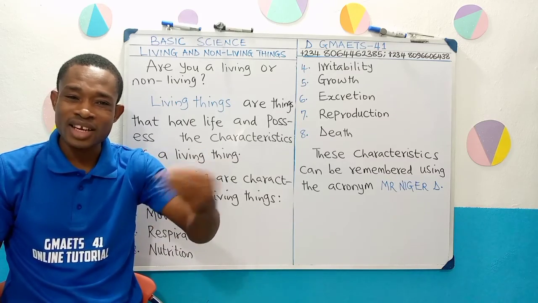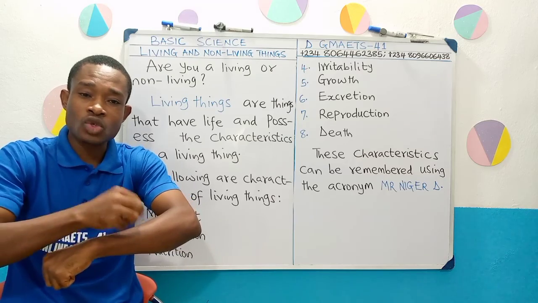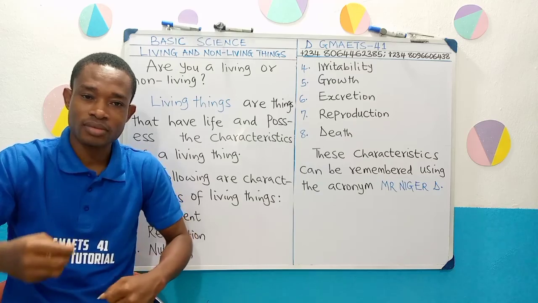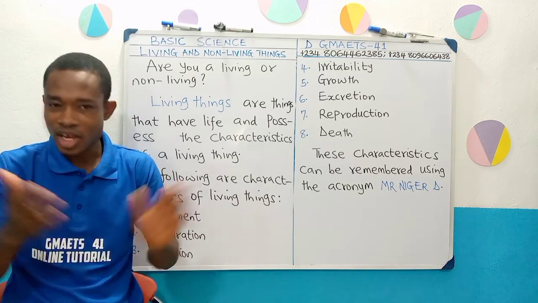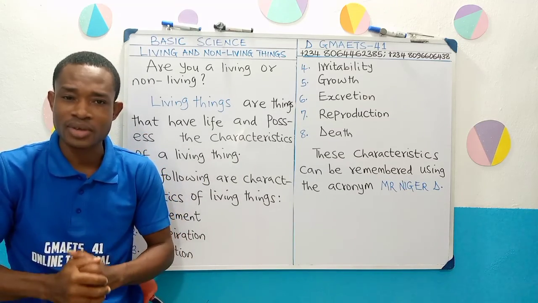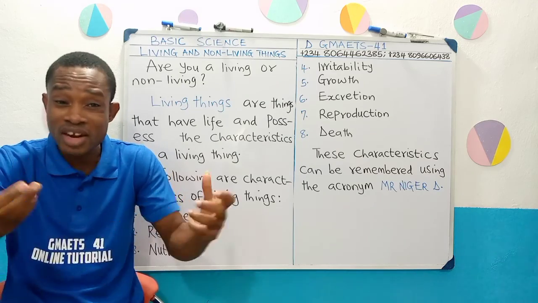That liquid you pass out when you are urinating also comes out when you are sweating. Okay, you call it sweat. They are waste products. I will tell you what they also contain in our next class. For example, sweat contains something like mineral salt.